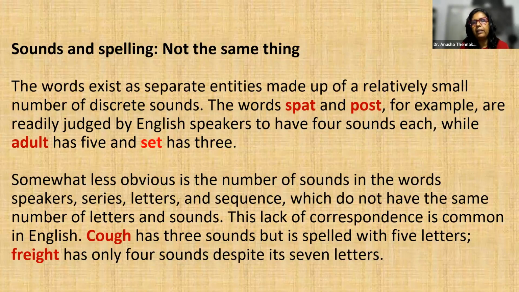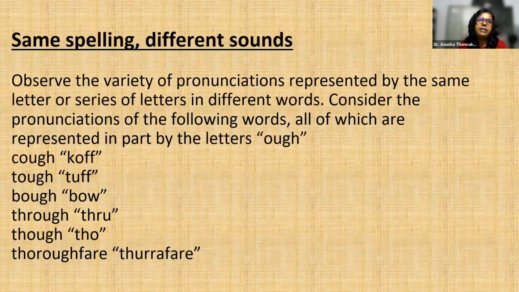In the word fat, there are 3 letters and 3 sounds. But that is not the same with all words. There are many words in which the number of letters and sounds are different. For example, cough has 5 letters but only 3 sounds. Freight has 7 letters but only 4 sounds. That's what we discussed.